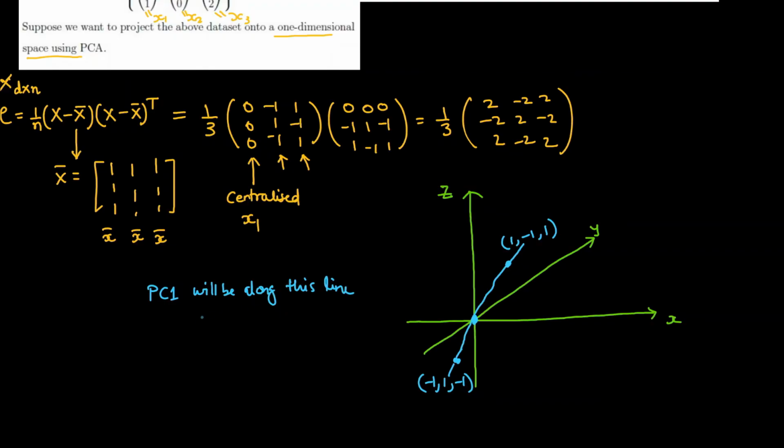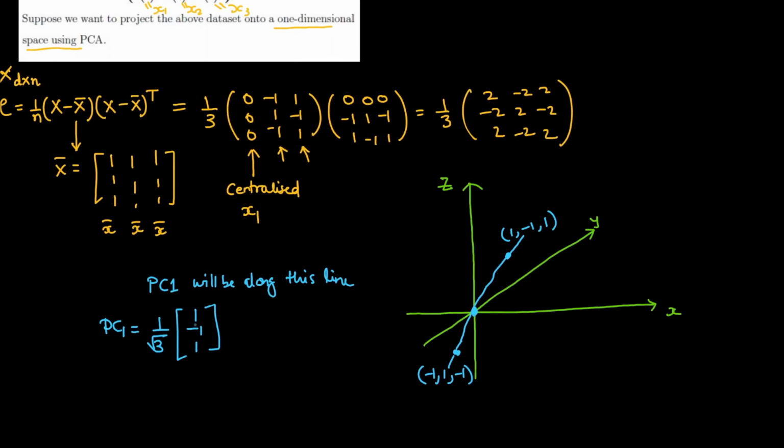But what is the direction of this line? It's nothing but 1 minus 1 1, but again we have to normalize it, so we divide it by root 3, because root 3 is the norm of this vector, right? So this is PC1, so that is the answer to the second question.